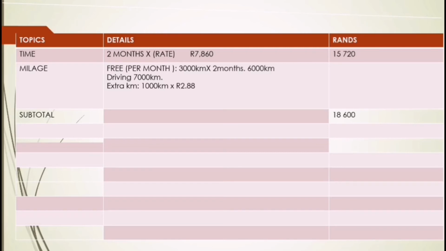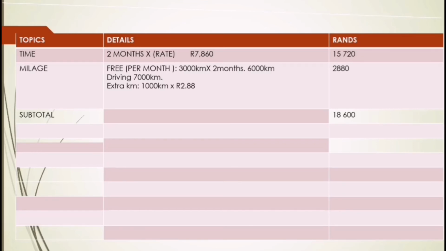Then we will charge that 1,000 kilometers R2.88 as per the extra kilometers charged in the previous table. Then the total amount of that cost is going to be 2,880, and it'll be written in the rent column.